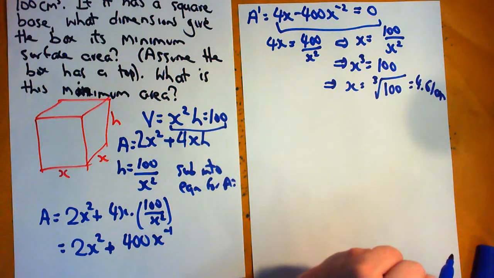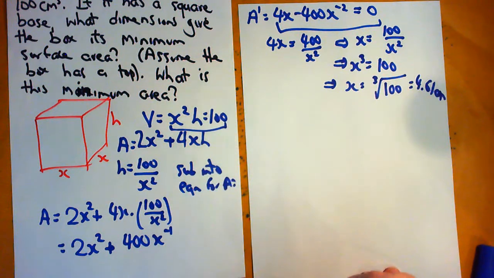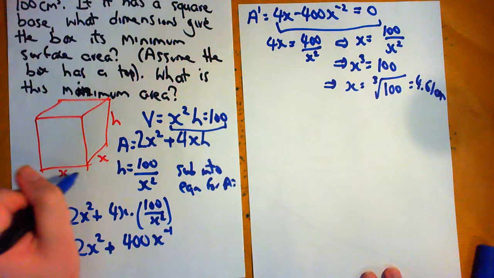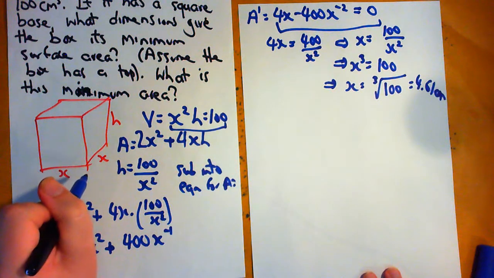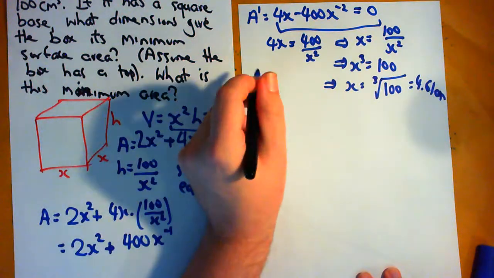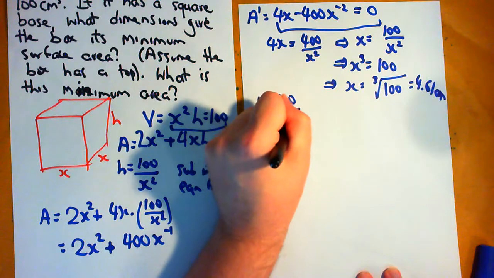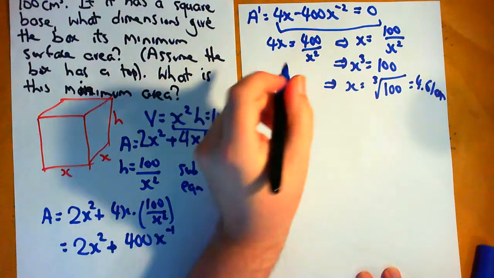Now we need to work out what we're looking for. First of all, the dimensions. Let's pay attention to what keywords are in the question. What dimensions give the box its minimum surface area? We've got this dimension, we've got the width of the box, but we now need to get the height of the box. We know that h equals 100 divided by x squared, and we now know what x is.